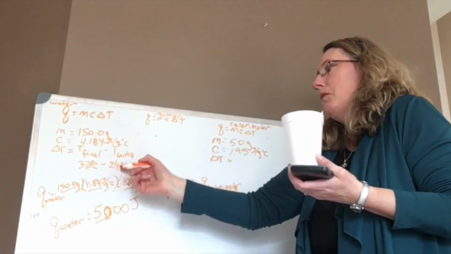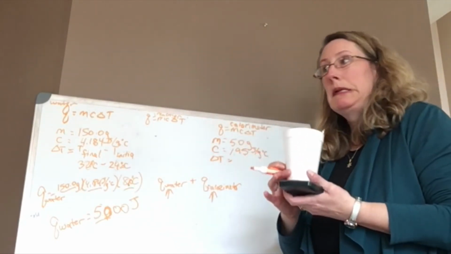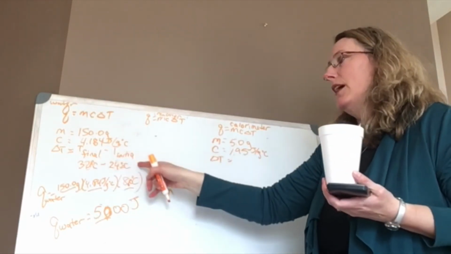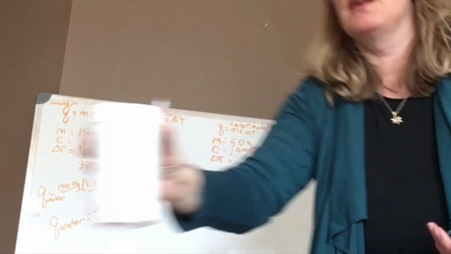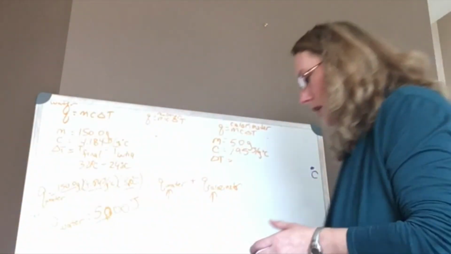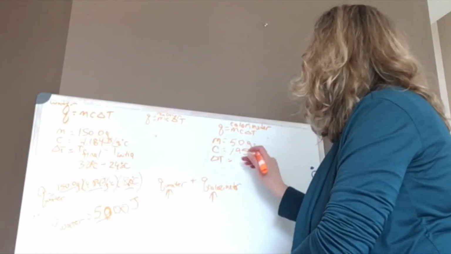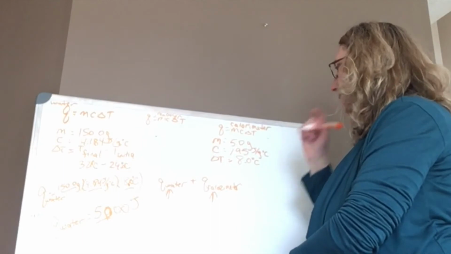It's going to be the same as my water. What's the final temperature of my calorimeter? It's going to be the same as my water. So if I figure out that delta T, unless they tell me that it's different, I'm going to assume it's the same. So that is going to be 8.0 degrees C too.